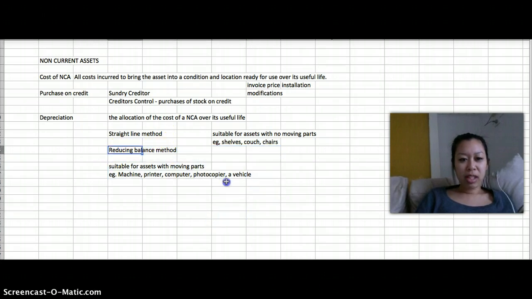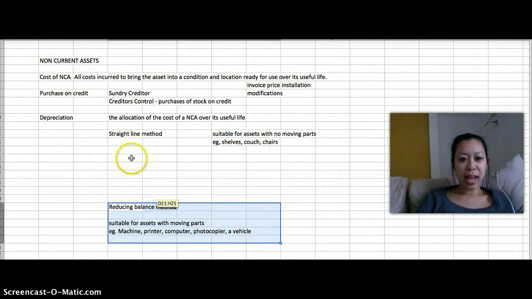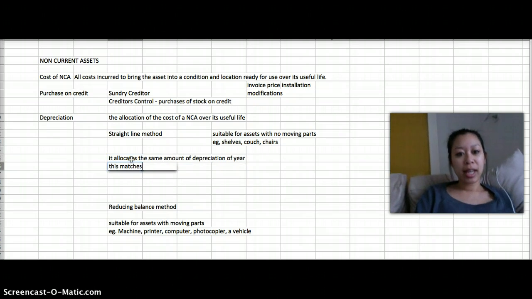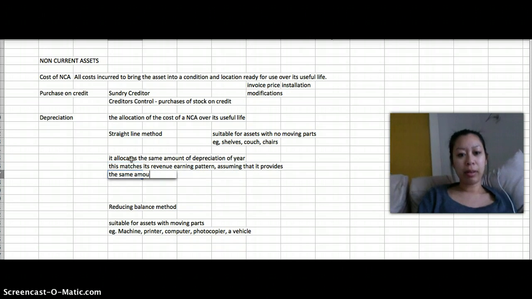The straight line method, which we've done in the past, allocates the same amount of depreciation every year. This matches its revenue earning pattern, assuming that it provides the same amount of benefit every year.